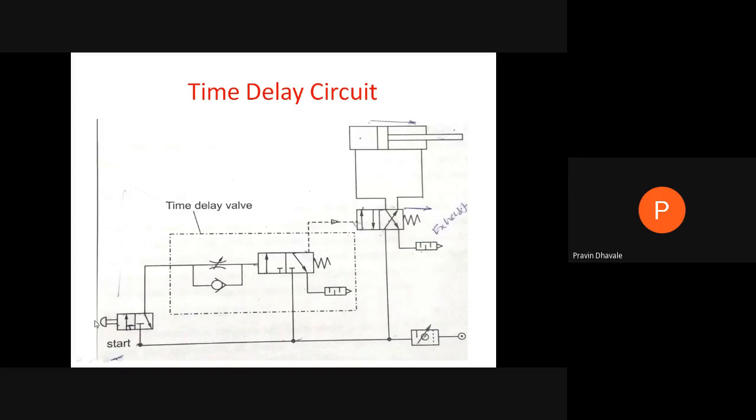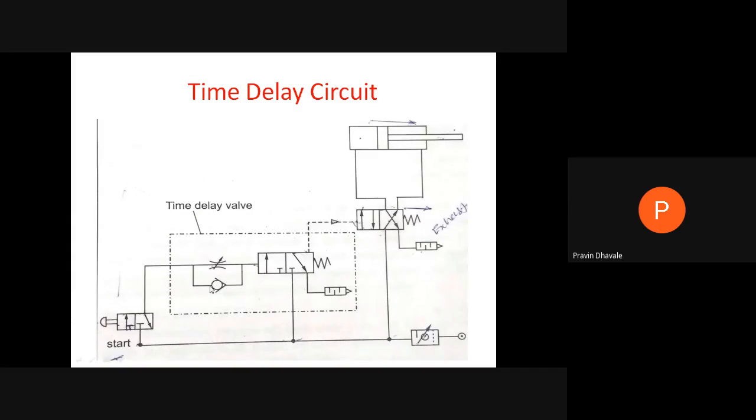Here, when we are pushing this push button, at that time this position will be actuated. Because of this, whatever compressed air is coming out from the FRL unit will now enter through this port, through this line, and it will be passing through this flow control valve.